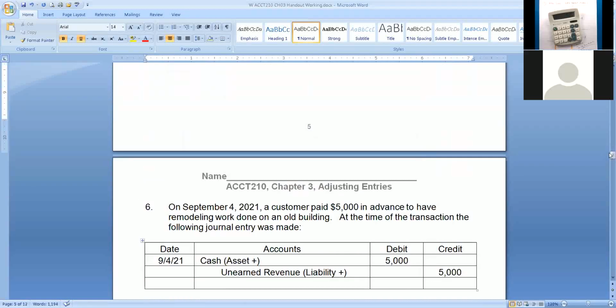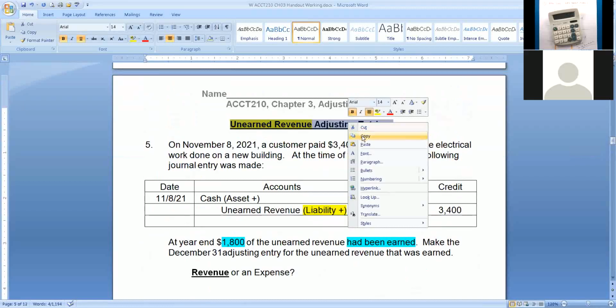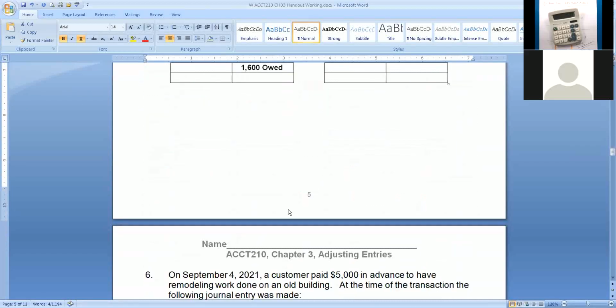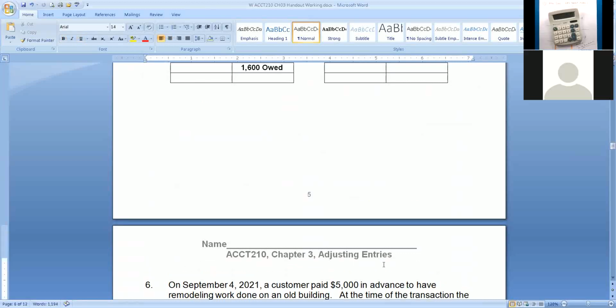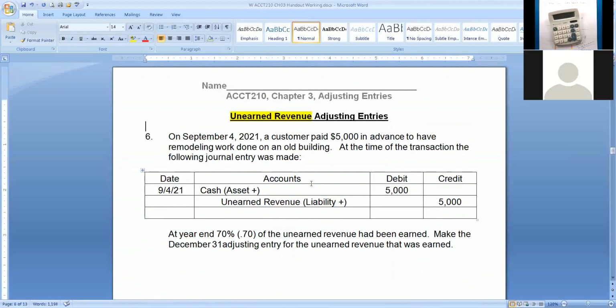Oh, there's an error in my handout. Page 6 does not have the unearned revenue heading. I'd like to say there's a reason for that, but the reason is I'm incompetent in making these. Okay, so let's go to page 6.